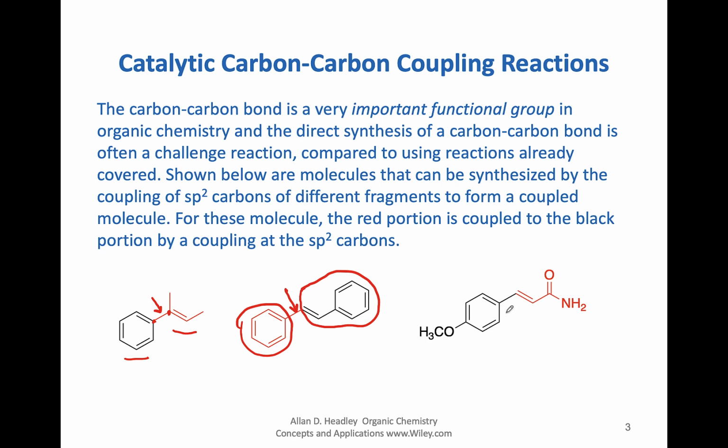Same here. Here is one component, and here is another component, and using the type chemistry that will be discussed here, we'll show you how to make this bond here. So we have a much larger molecule as shown here.